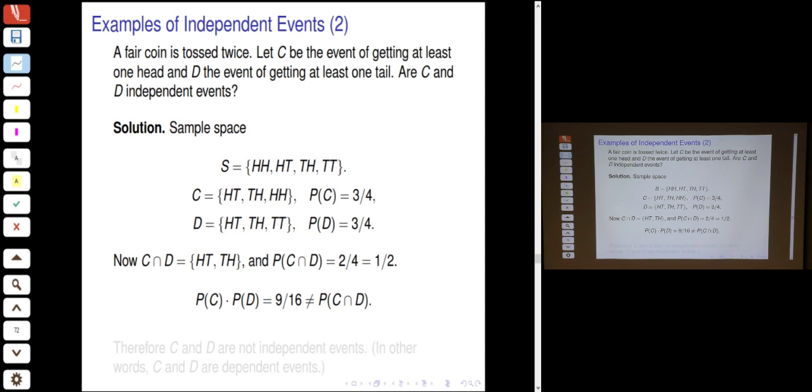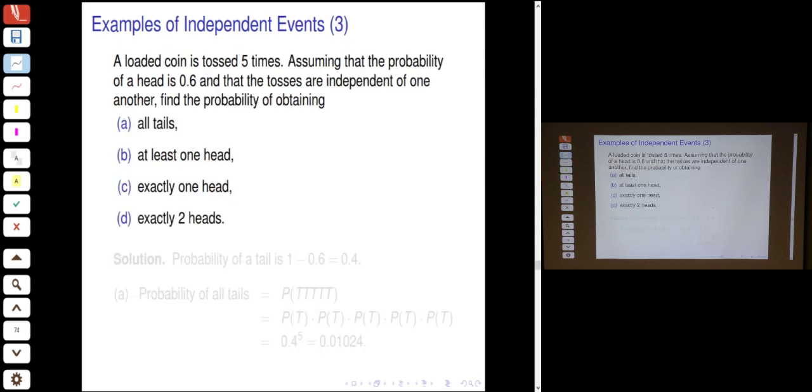So it's HT or TH. So the intersection is this set, and the probability of intersection is half. Now, the product of P(C) times P(D) is not equal to the probability of C intersect D. So they are not independent. In other words, they are dependent.